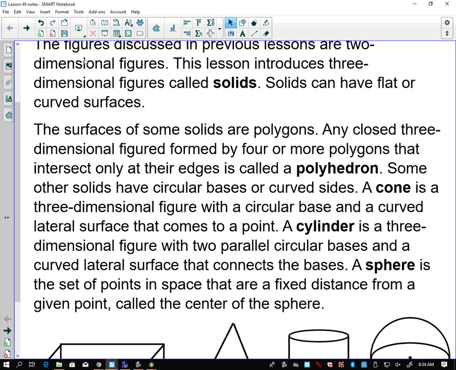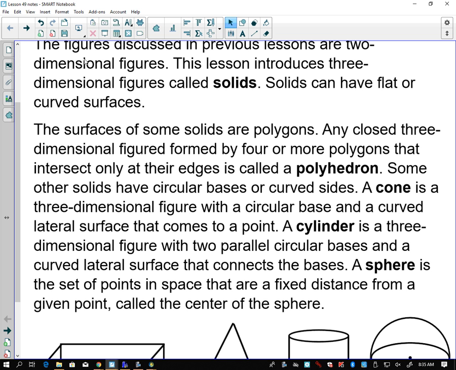All right, so any closed three-dimensional figure formed by four or more polygons that intersect only at their edges is called a polyhedron. Notice that it says four or more sides, and I think Jordan has one here.